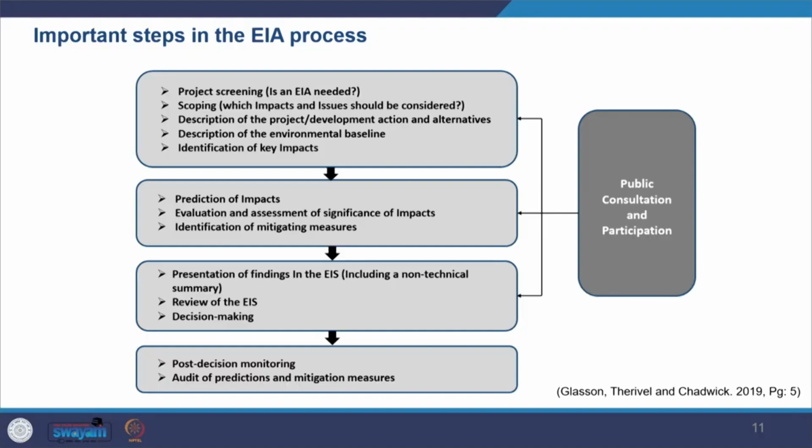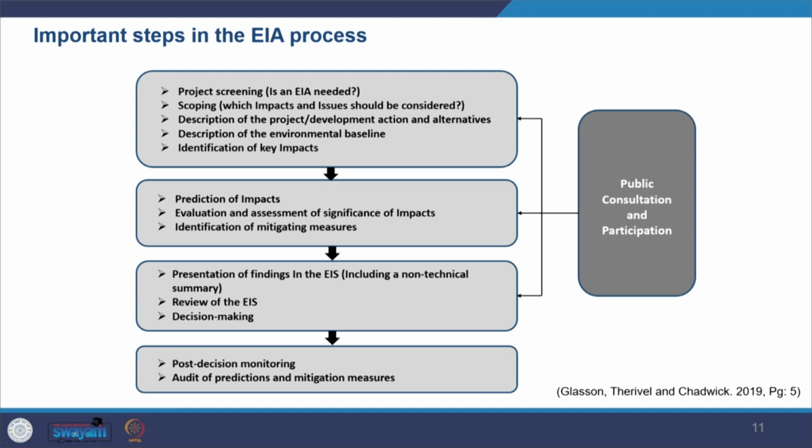As you can see in the diagram, consultation and participation can be useful at most stages of the EIA process. When you are shaping the scope of an EIA, local people will be able to tell you possible areas to look into. They will be very helpful in identifying their concerns and what areas might be affected, which you might not be able to find from your desktop study or a very limited exposure to the site.